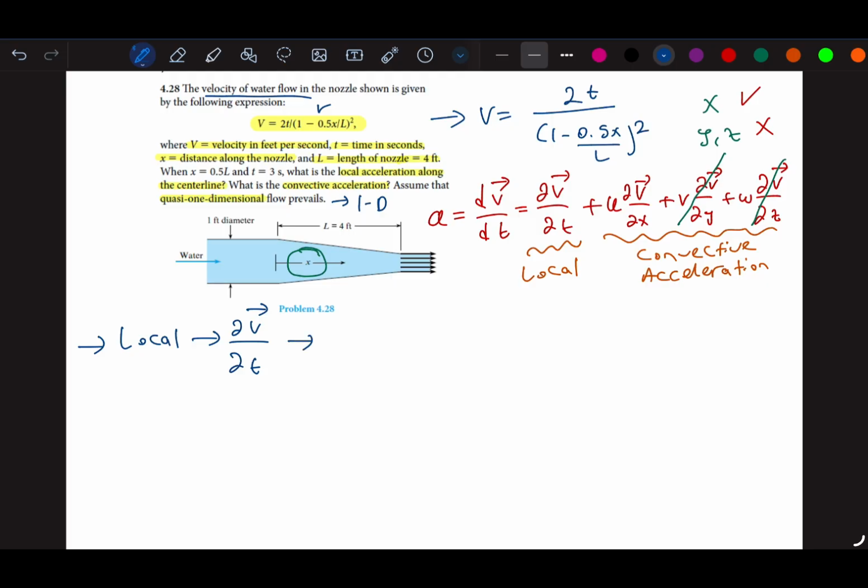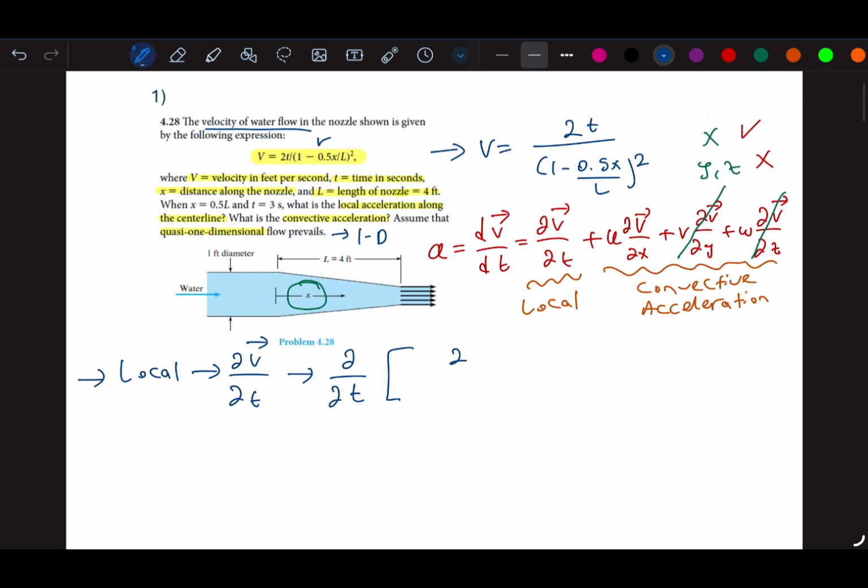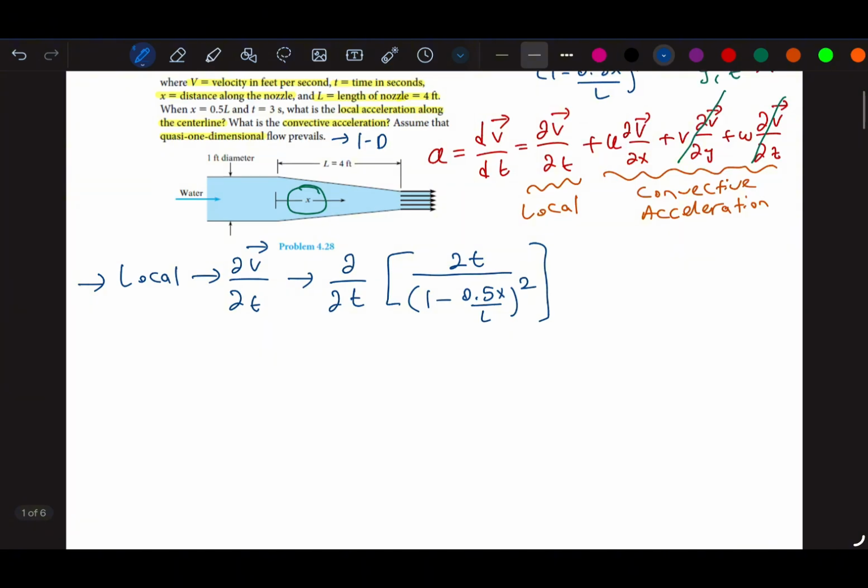And here we can write this in this form: partial derivative of velocity over t, which is time. And we can write the expression for velocity. And the next step is calculating the derivative of this equation for t.